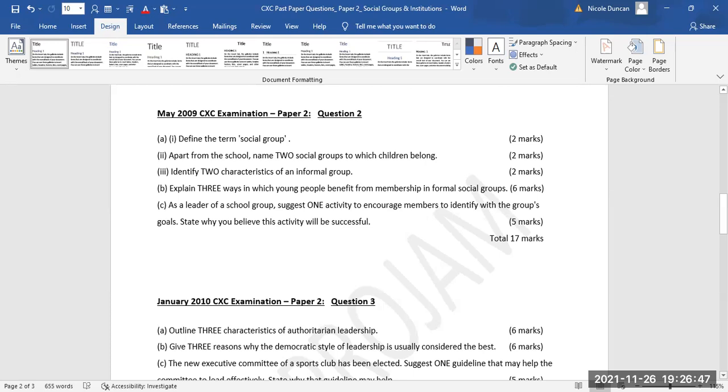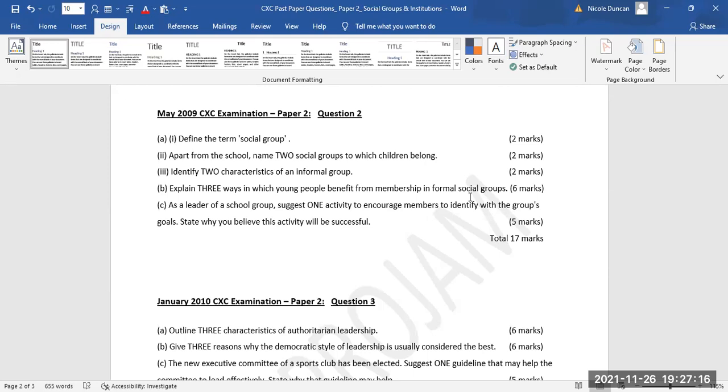So when children, okay, so we have to kind of taper that, all right? I used the school as an example, but remember now, the question is a general question about formal social groups. So you can answer the question and then you give the example of the school, all right? So the fact that it's educating, any formal social group that young people are a part of, they can learn skills and be educated in various areas of life.